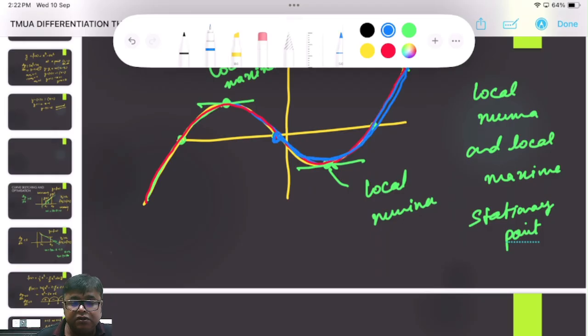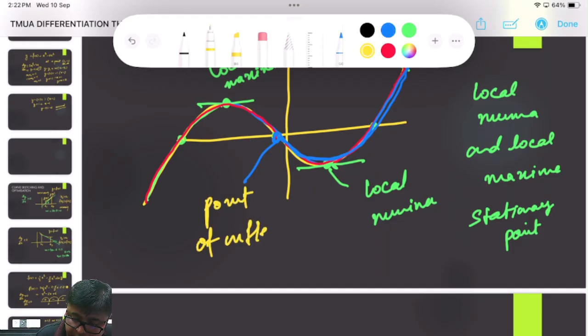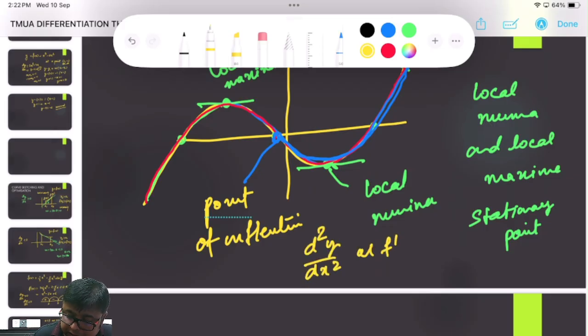This point where the curve changes its concavity from concaving down to concaving up, or concaving up to concaving down, such a point is called a point of inflection. And here, if you differentiate the function twice, the second derivative d2y by dx2 or f double dash x is 0. So at the point of inflection, the second derivative is 0.